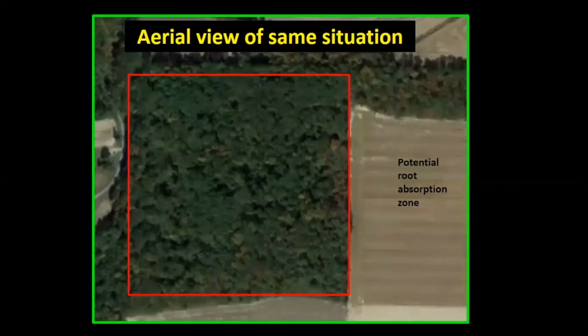Now, let's take an aerial view of this same kind of situation, okay? Along the edge of a wooded area that's adjoining cropland, there's a potential root absorption zone, we can call it. And by the way, this is a real sample site, a state nature preserve, and a real landscape situation.